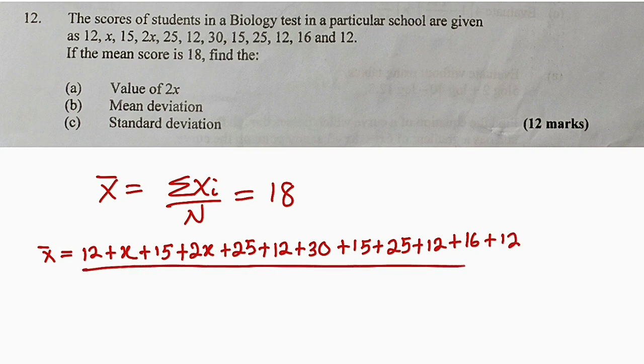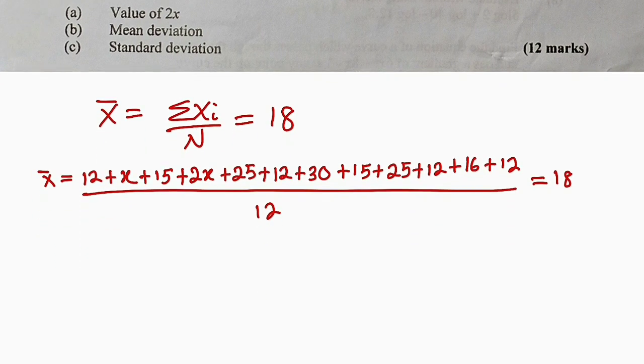The whole of this divided by 12. I remember the mean is equal to 18. Okay, you can see we have x plus 2x making 3x. So we have 3x plus the whole of the numbers. Let's add them together, which is 174.